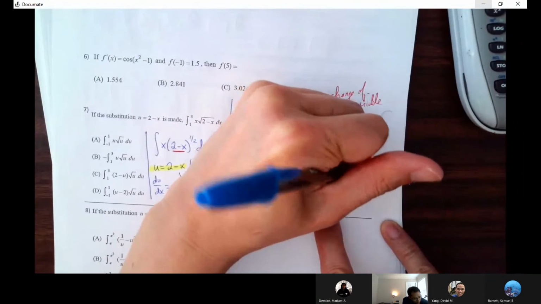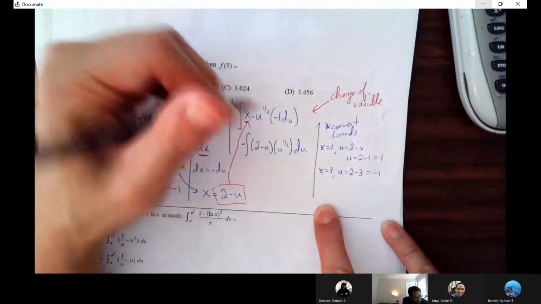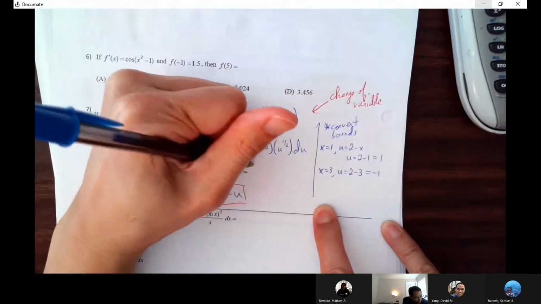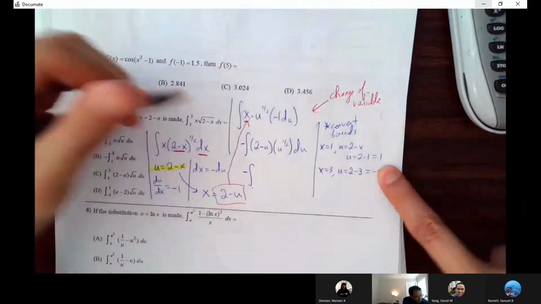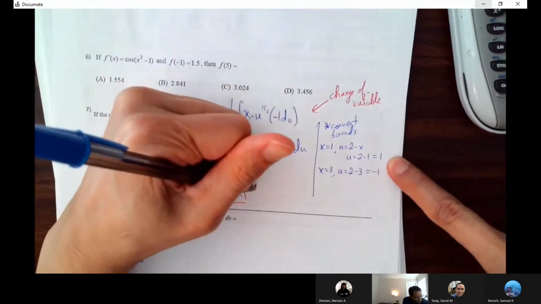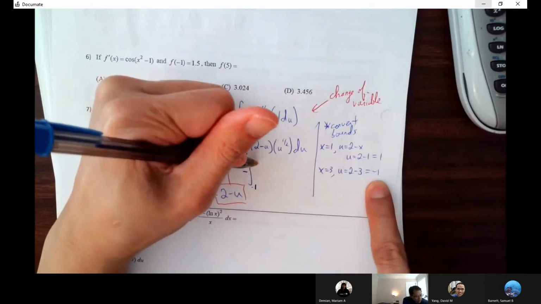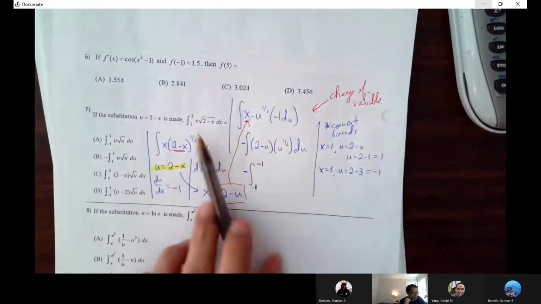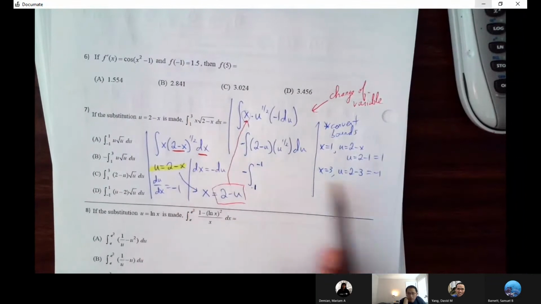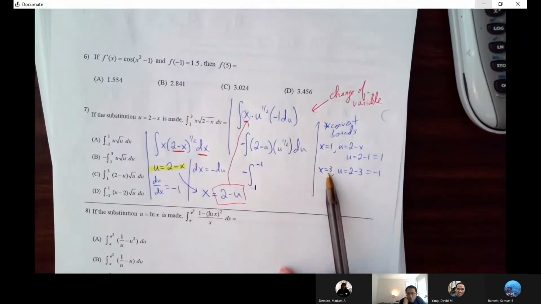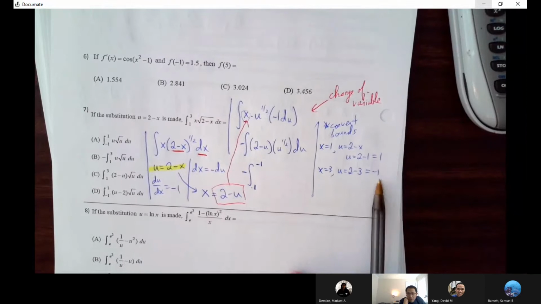So u equals 2 minus 3, which is -1. So if I rewrite this, I have negative integral from my lower bound of 1 to my upper bound of -1. Now notice that my upper bound was 3, but it ended up being lower than my lower bound, but it's okay. Wherever you start is where you end up.